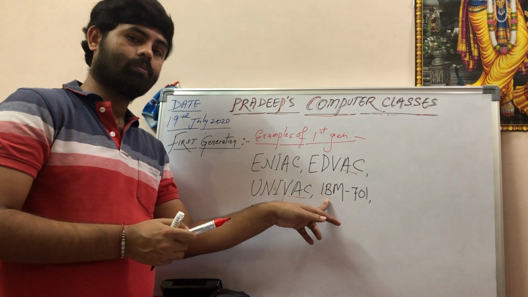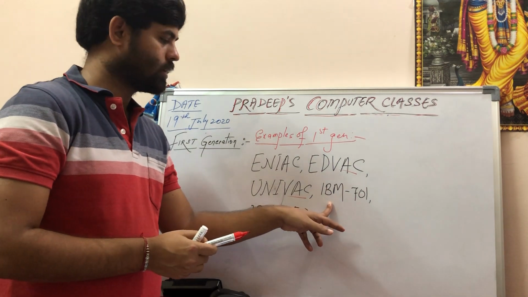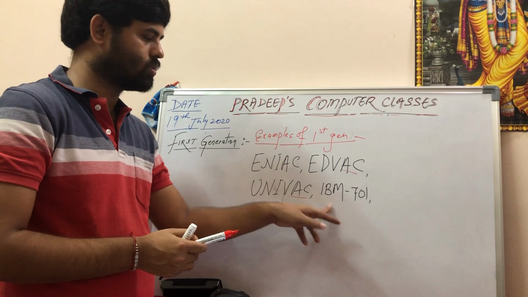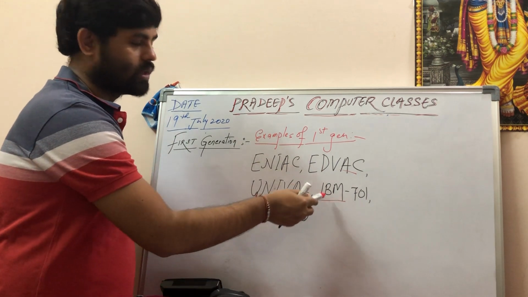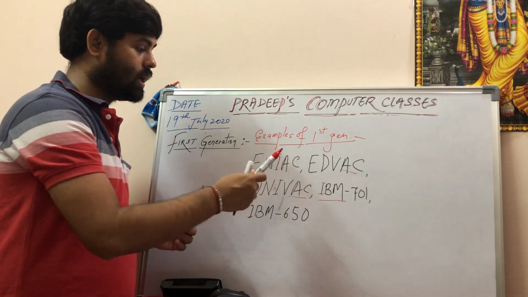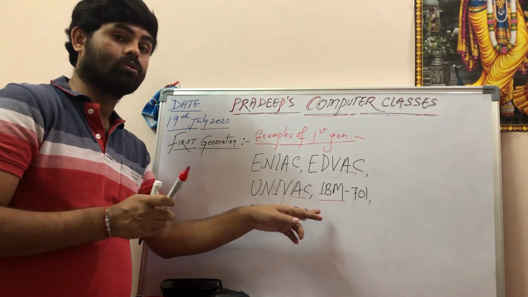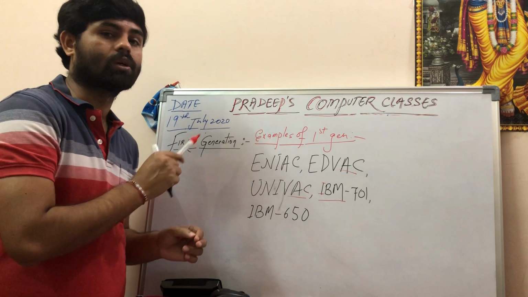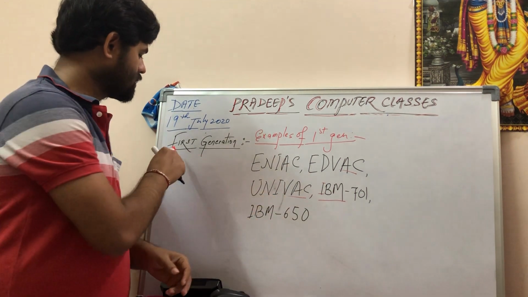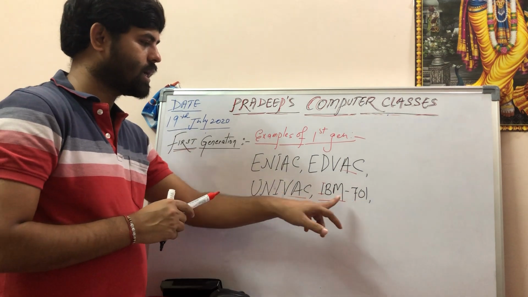IBM is a company which develops hardware and also software. IBM is a very famous and very old company. They made the first computer, given the name first generation computer, as IBM 701.